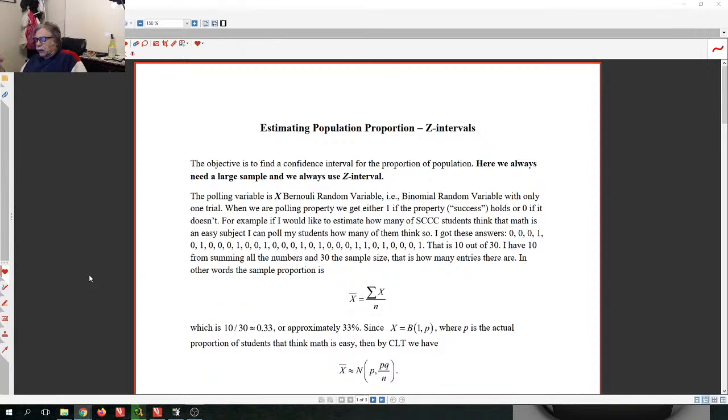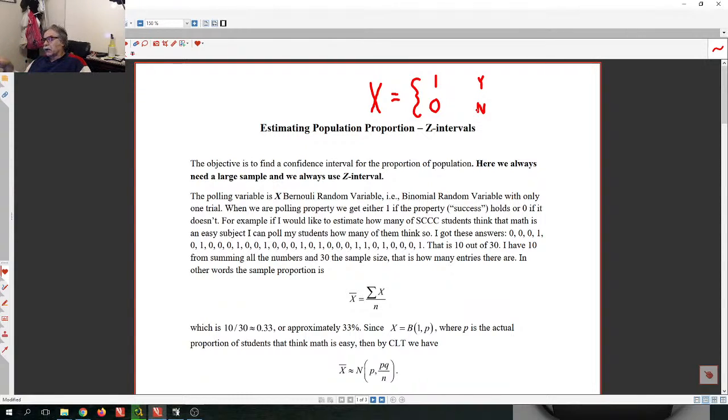When you are polling something, the random variable of the polling is going to have two values, either 0 or 1. We label that 1 for yes or a success if you like, and 0 for no or a failure if you like. So this is the random variable that we made some time ago.